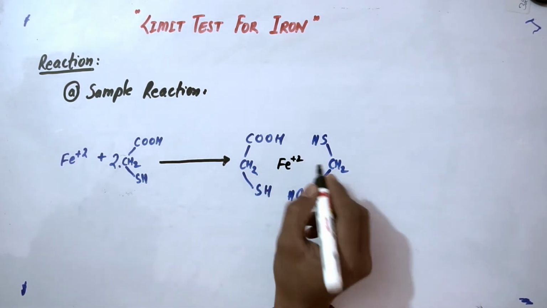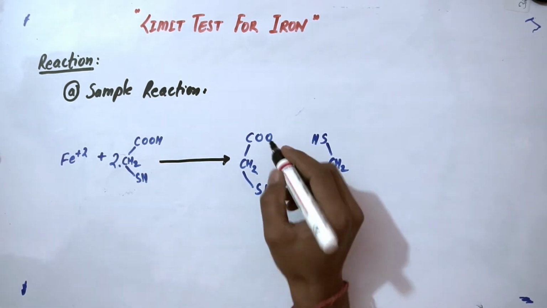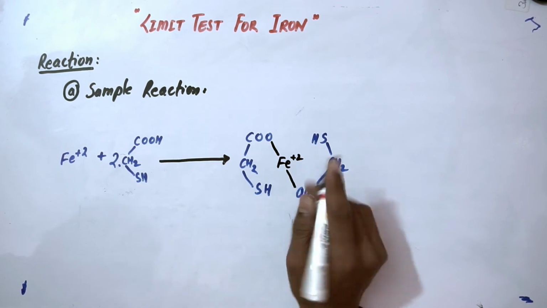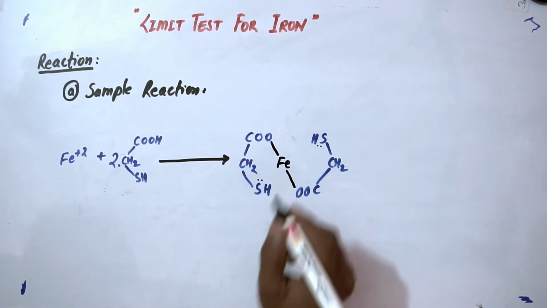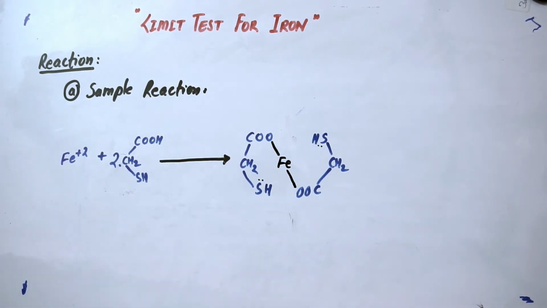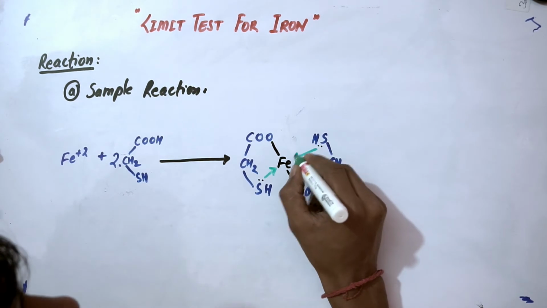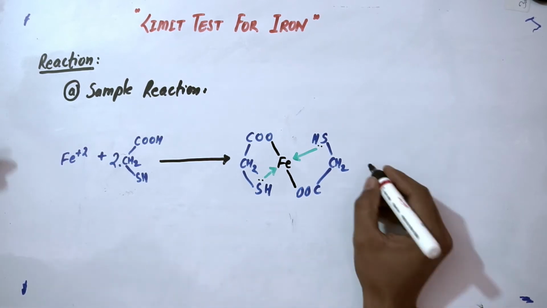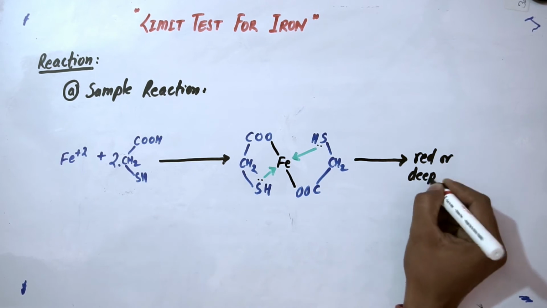In between we will write iron, ferrous, and from here we will remove one hydrogen and make the bond, and from another also similarly. And you also know this sulfur has a lone pair, so this lone pair will be shared with iron, which is a coordinate bond. And this will give red or deep purple color in presence of ammonia.